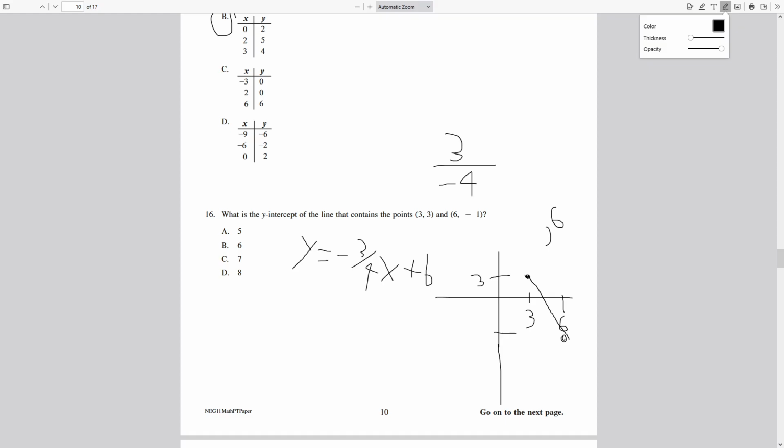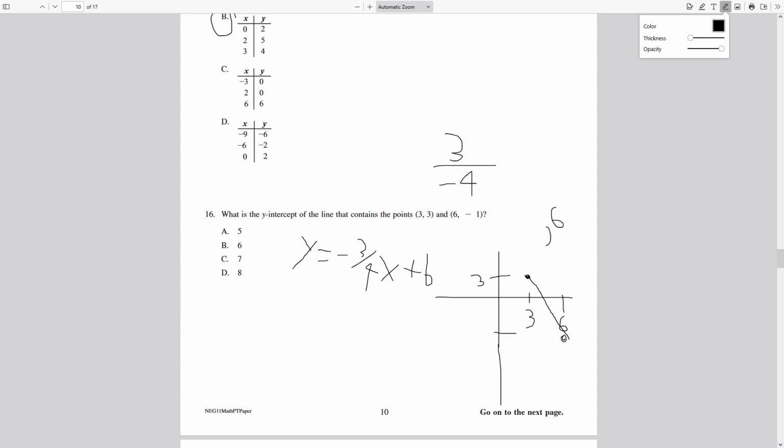That's what it does. Okay, I'm looking at this okay now.